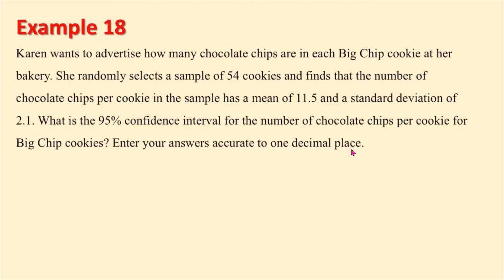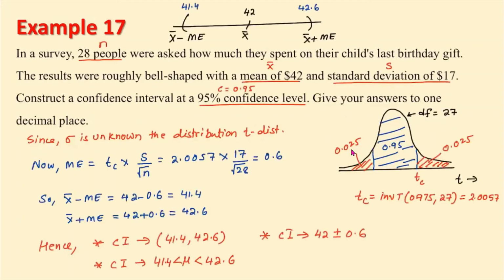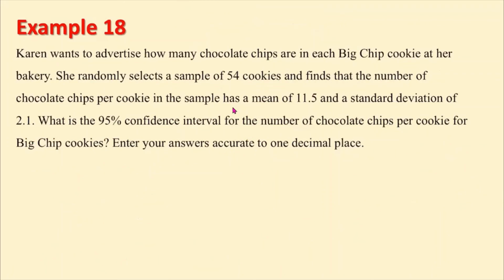Here also, like in the previous example, we are talking about the 95% confidence interval. The sample size is 54, n equal to 54. The sample has a mean of 11.5, and a standard deviation of 2.1. That is the sample standard deviation.